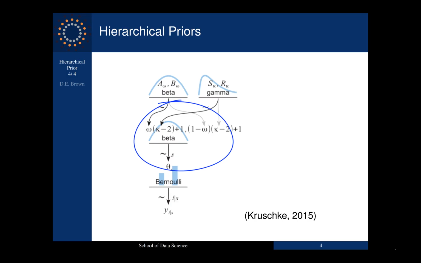And as we said, we're going to model that beta using these values omega, which is the group mean, and kappa, which is a measure of how strongly we believe that group training is applied to each individual. The kappa will have a gamma distribution because, again, it's bounded below by 0. And the omega will have a beta distribution.